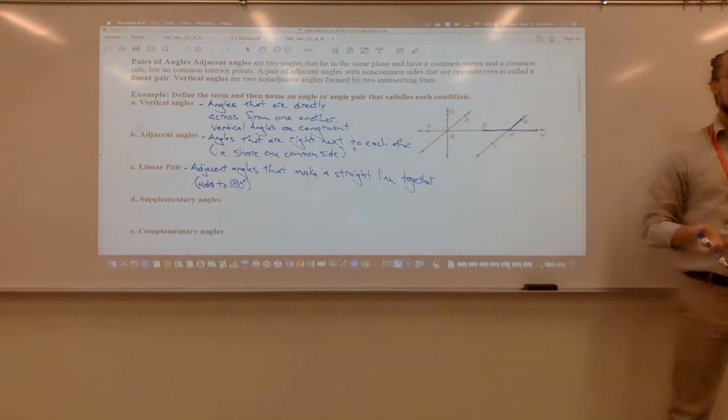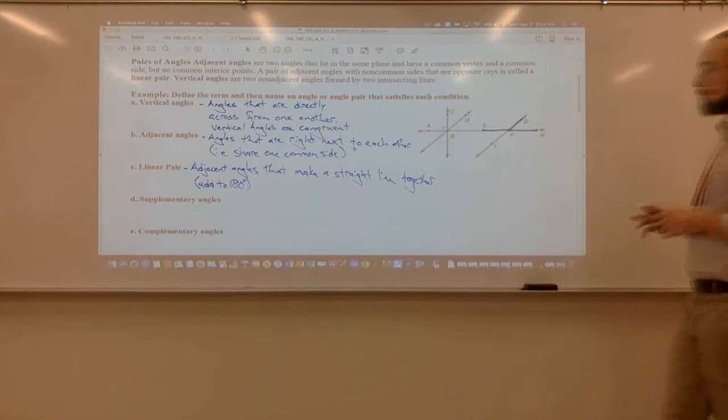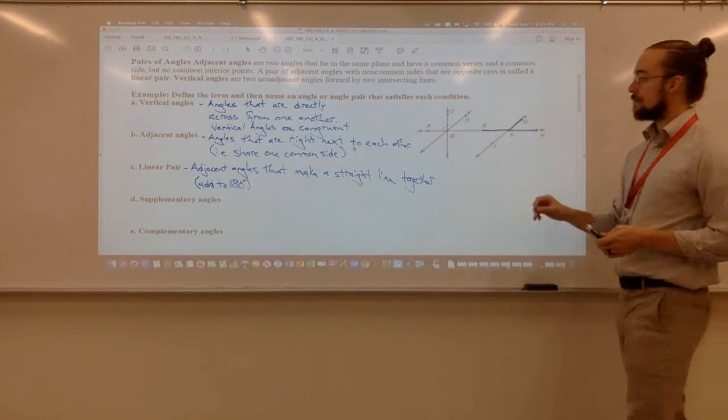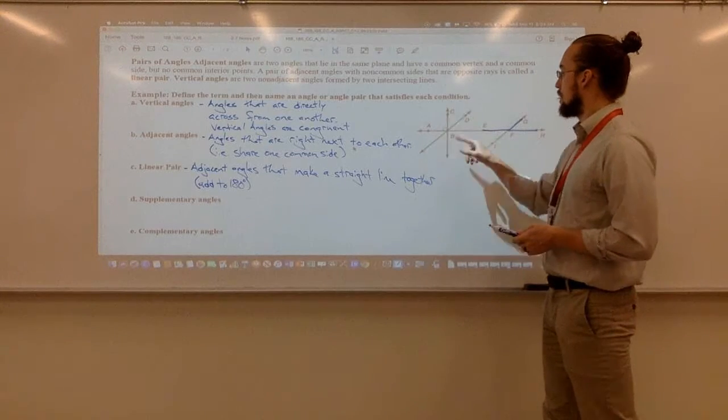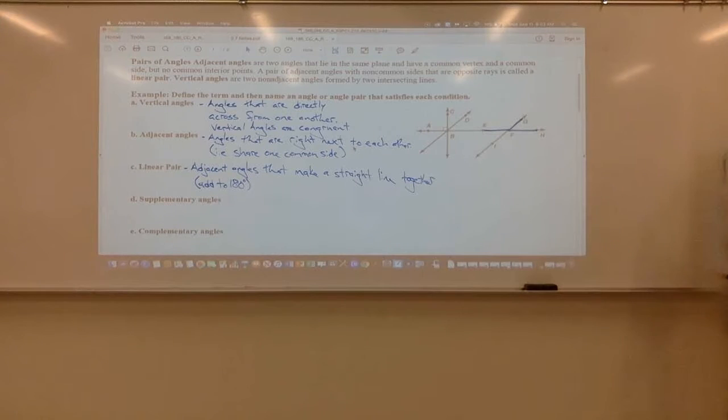They have to add to 180. Give me another example of a linear pair here. Great, ABC and CE. Those are two right angles. They would make a linear pair. They would add to 180, and together they would make up a straight line.